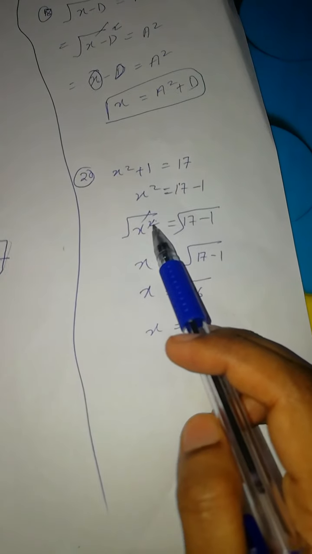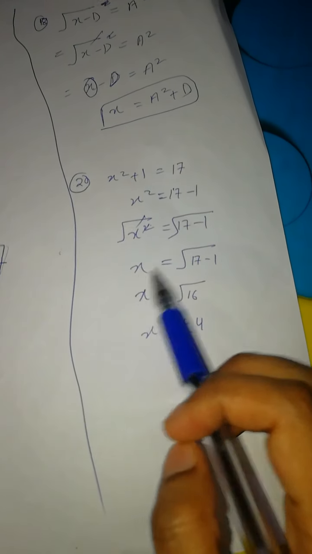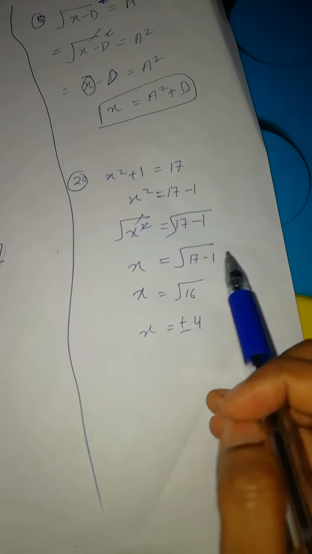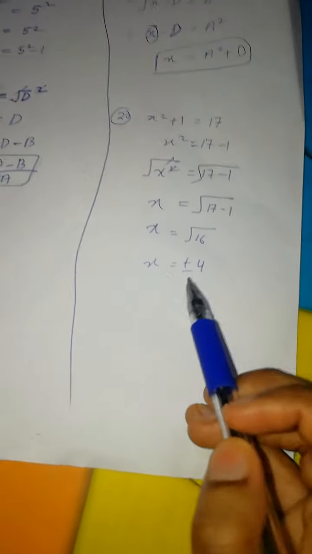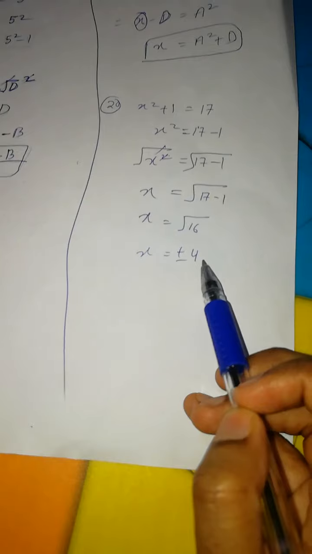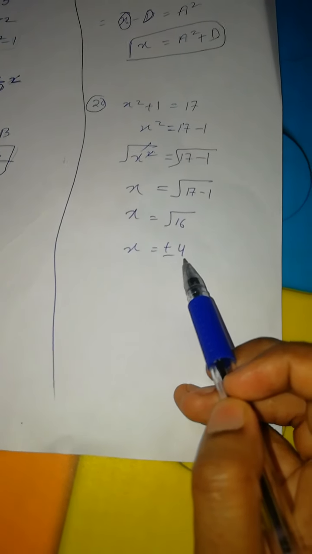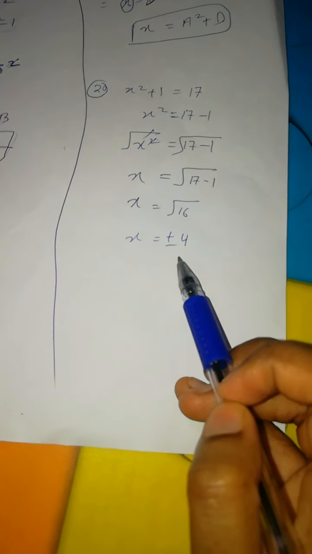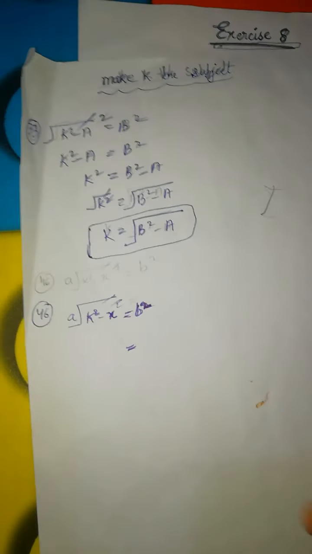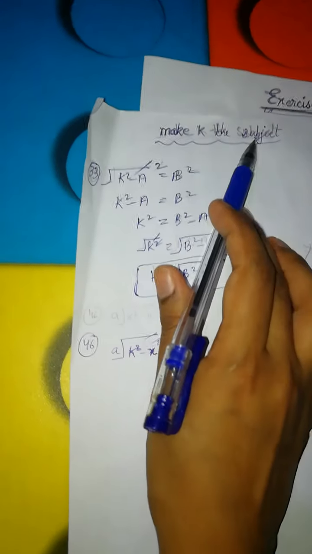The square root cancels the square. So x is equal to square root of 17 minus 1. 17 minus 1 is 16. If you solve this in a calculator, you will get 4. Square root of 16 is 4, but you cannot put only 4, you have to put plus or minus 4. See, is it clear or not? Here make x the subject.